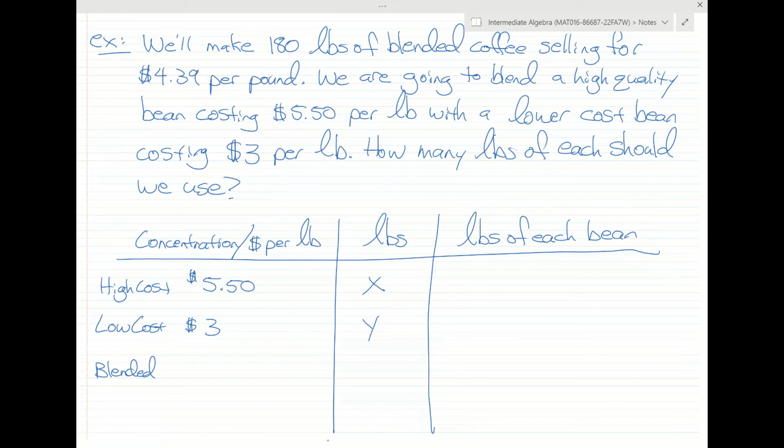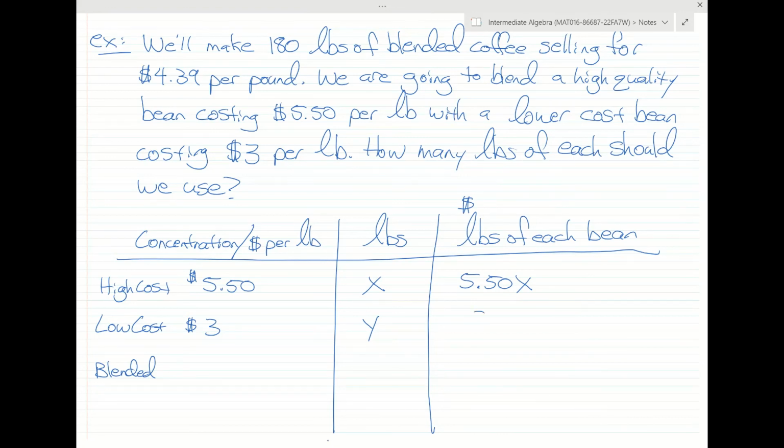Well, if it's $5.50 per pound and there's X pounds, this means that we have 5.50 times X. That's the total cost of the higher cost bean. $5.50 per pound times number of pounds gives us the total cost of that type of bean.